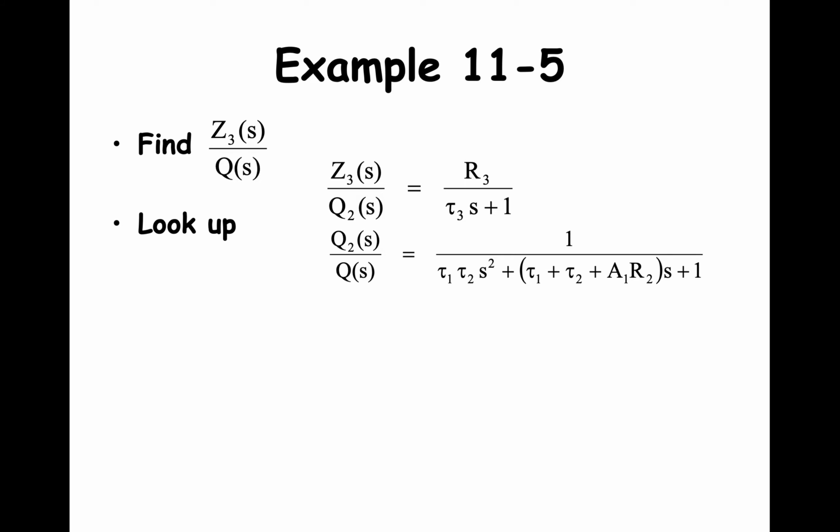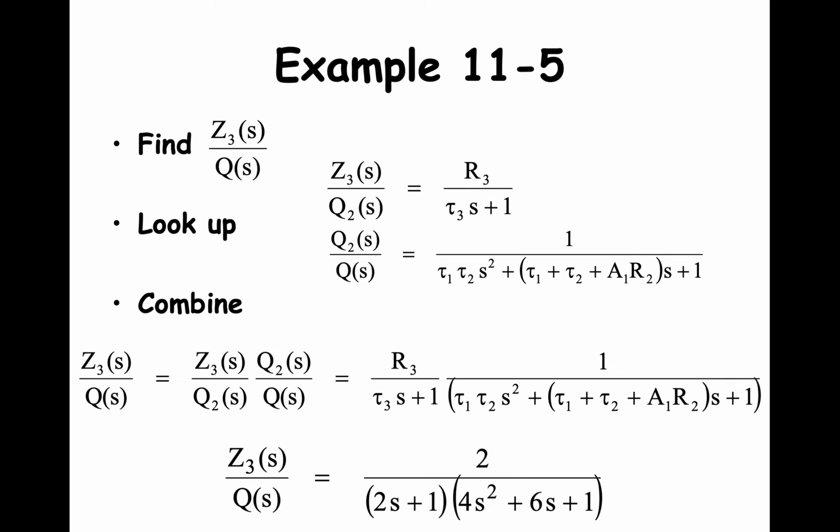Now we want to find the transfer function Z3 over Q. This transfer function equals the transfer function z3 over q2 times the transfer function q2 over q. We look up the expressions we need. One expression comes from page 9-6 and the other comes from page 11-6 for interacting tanks.